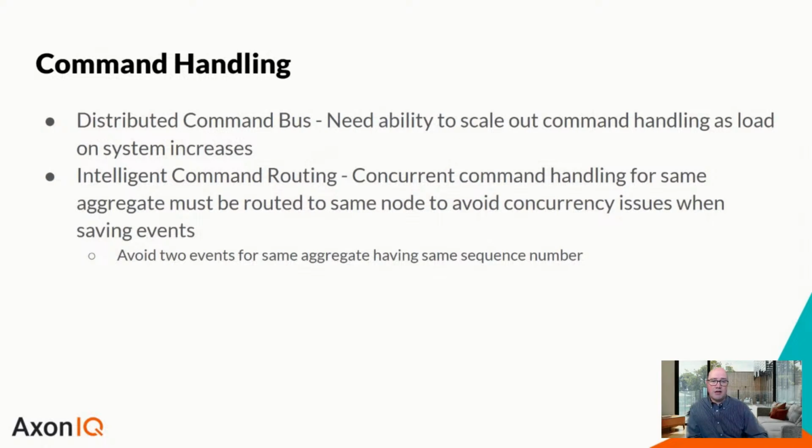The next thing we're going to talk about is command handling. So if we want to scale out, we're going to need a distributed command bus. As the load on our system increases, if we are running command handling and event processing, or query handling, all in the same JVM or application, we're going to become thread bound by this.